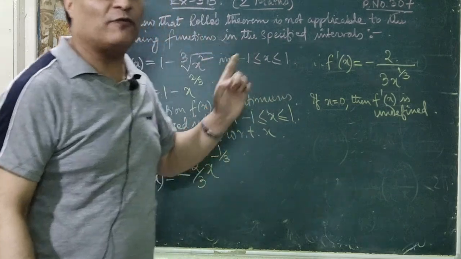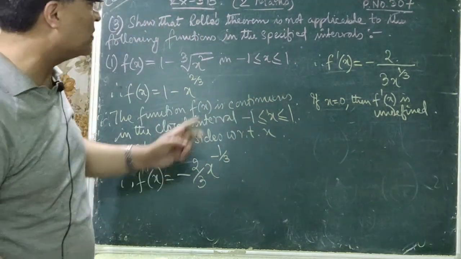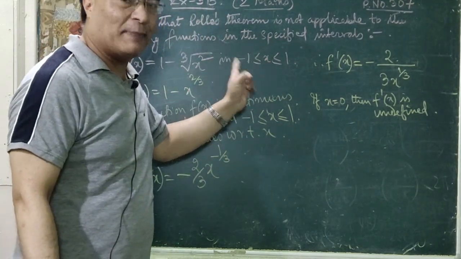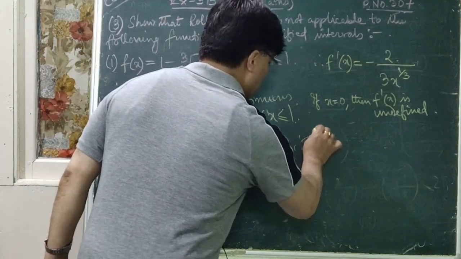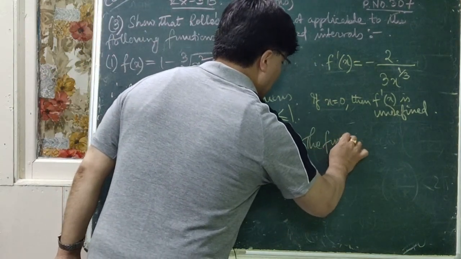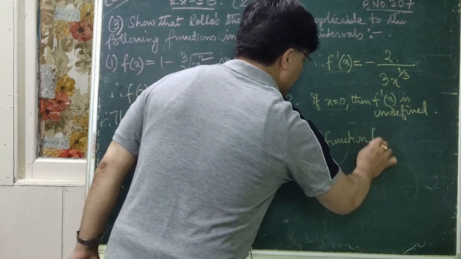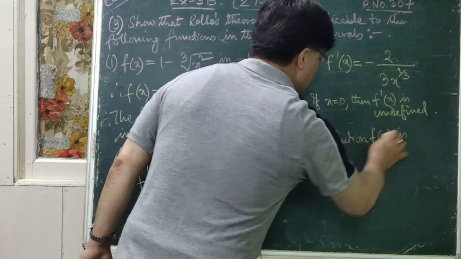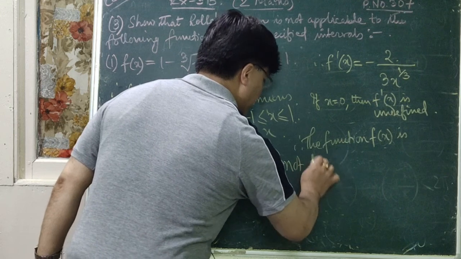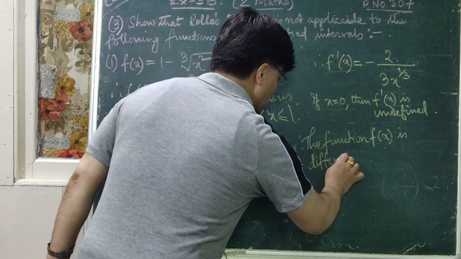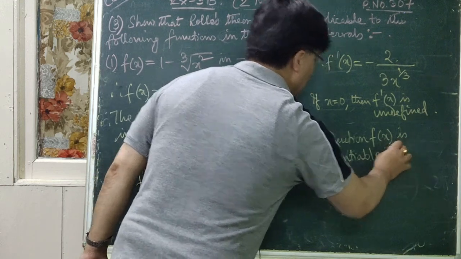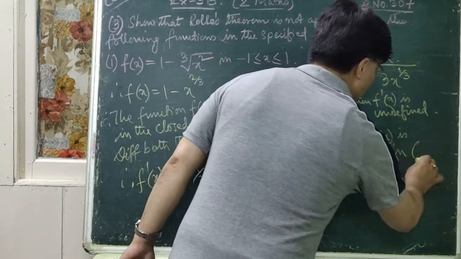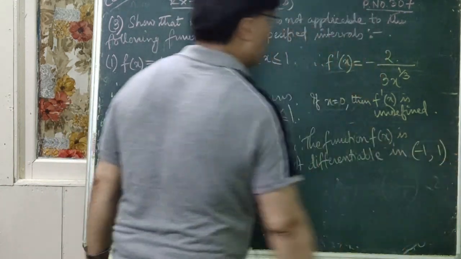That's why the function f of x is not differentiable in the open interval minus 1 less than x less than 1. So here you write, therefore the function f of x is not differentiable in open interval minus 1 comma 1.